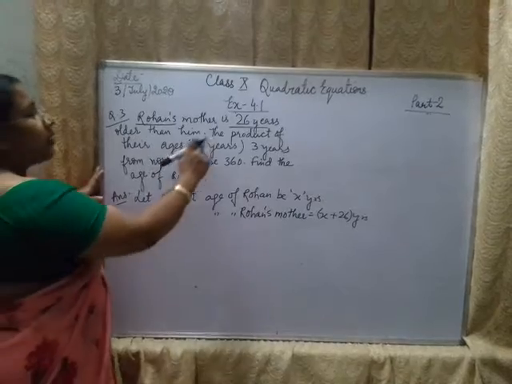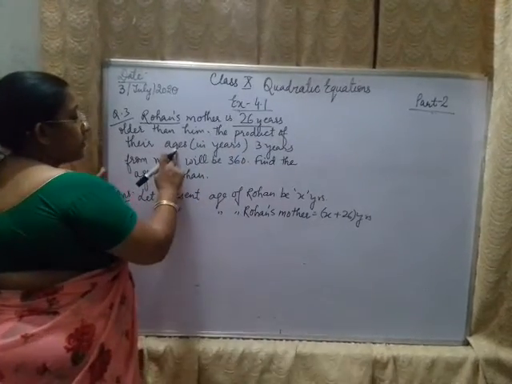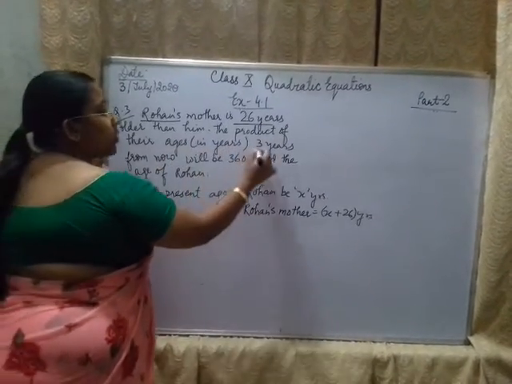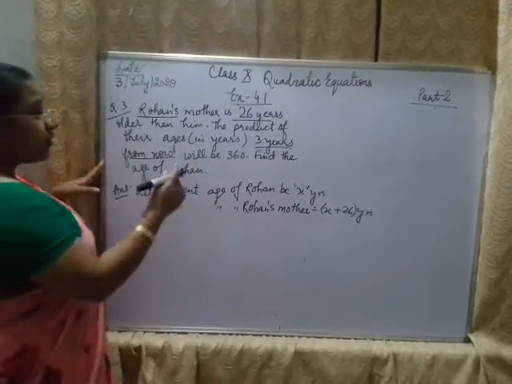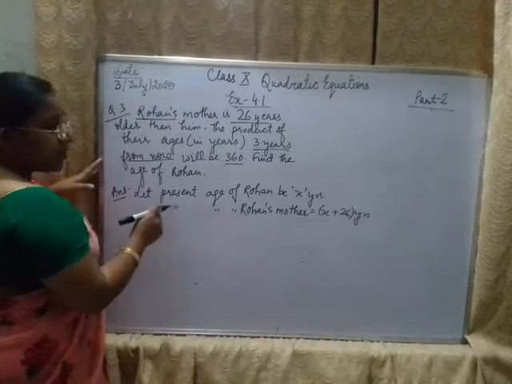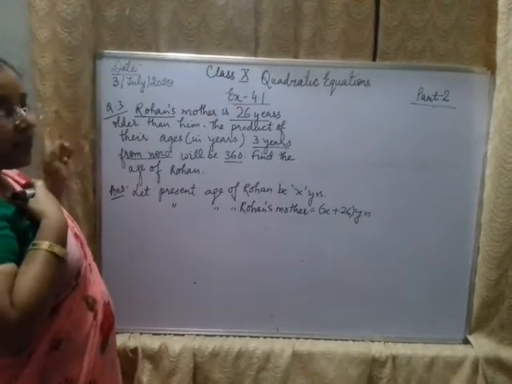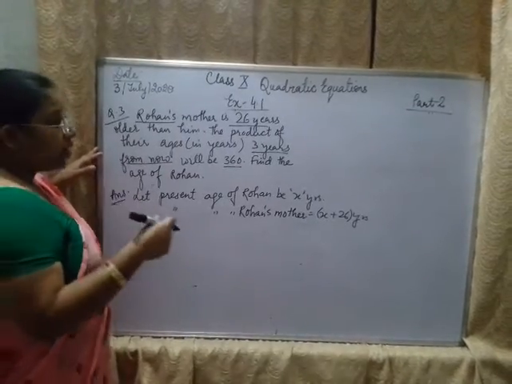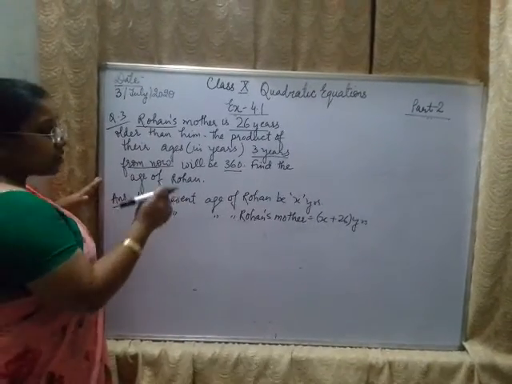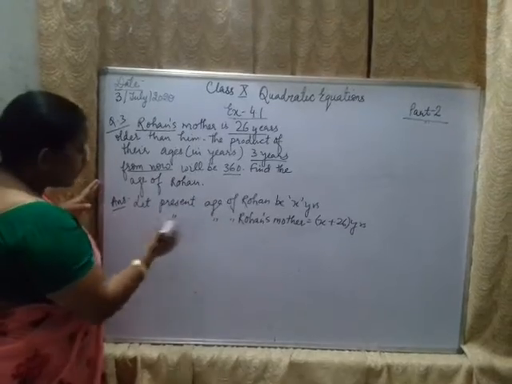Now the product of their ages, 3 years from now, this means 3 years later, will be 360. If I say my age is 30 right now, what will be my age after 3 years? It will be 33. So similarly we need to add 3 years to the age of Rohan and his mother.